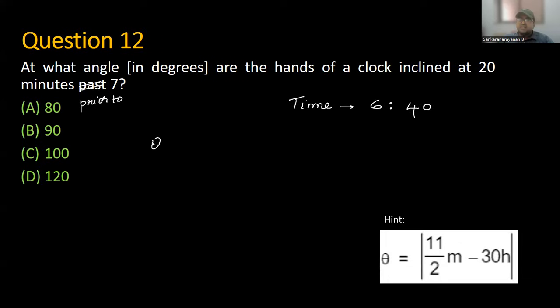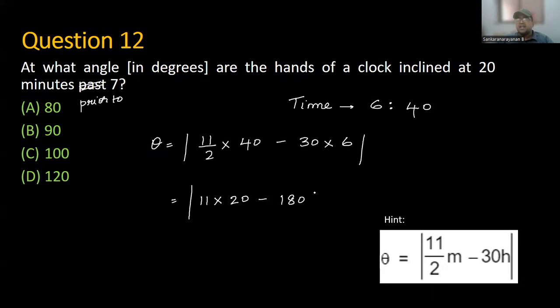So there, theta value will be nothing but 11 by 2m, instead of m you have to put 40, minus 30h, 30 into 6. So when I am calculating, this will be 11 into 20 minus 30 into 6. This is 180. So now it is 11 into 20, that will be coming as 220 minus 180. And this will be coming as 40 degrees in this case.